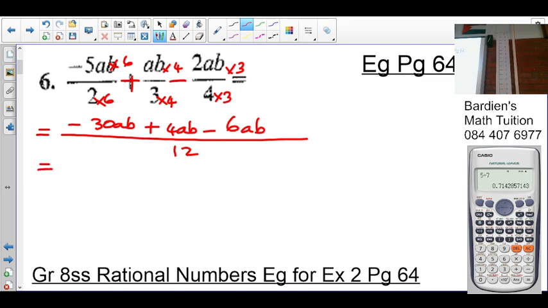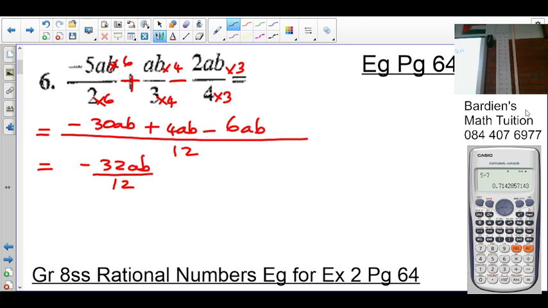So negative 30ab plus 4ab is negative 26ab. Negative 26ab minus 6ab, negative 32ab. People, you all okay with that? Over 12. Do I stop there? No. What can be done?